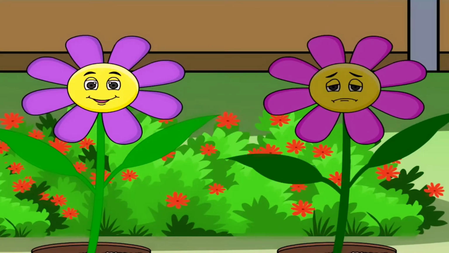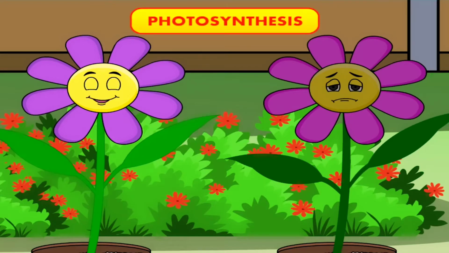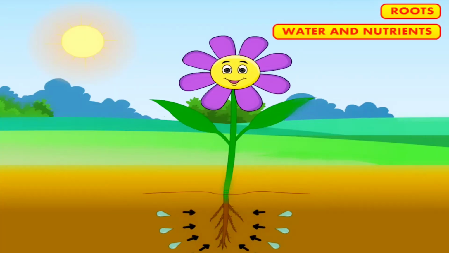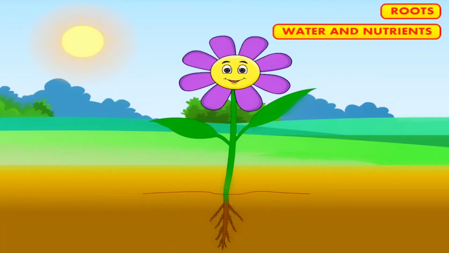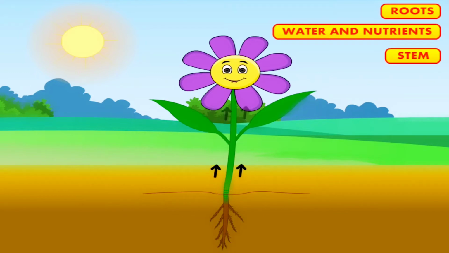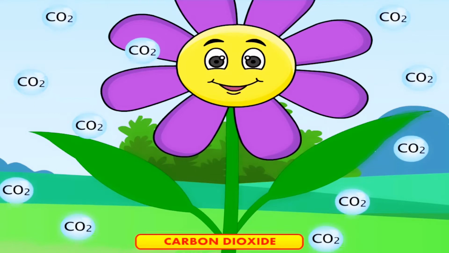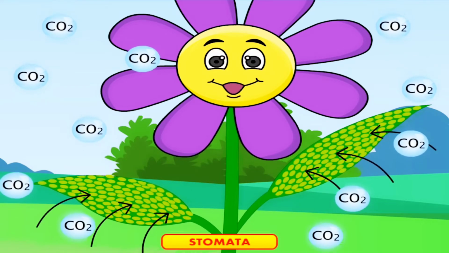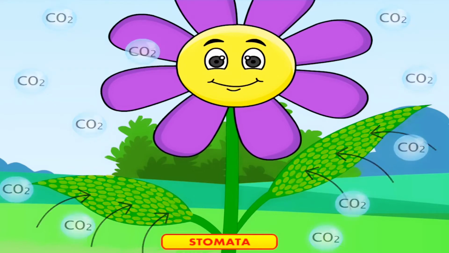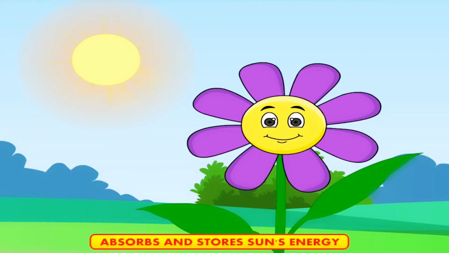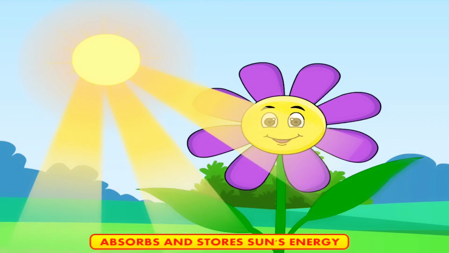We can make food? Yes, through a process called photosynthesis. Let me explain. Our roots absorb water and nutrients from the soil. This travels to the stem and to the other parts. Carbon dioxide is a gas found in the air. This enters through the stomata on the leaves. Our leaves have a green pigment called chlorophyll. This helps us to absorb sunlight and to store its energy.